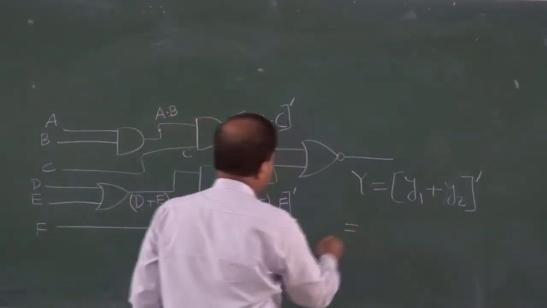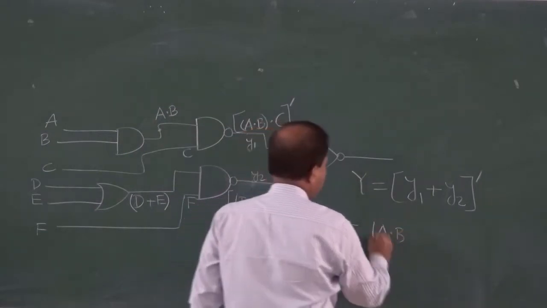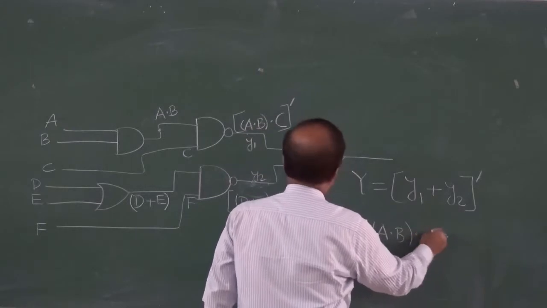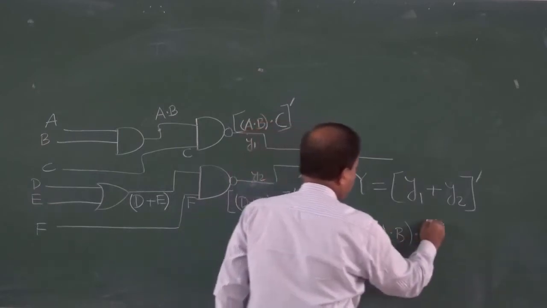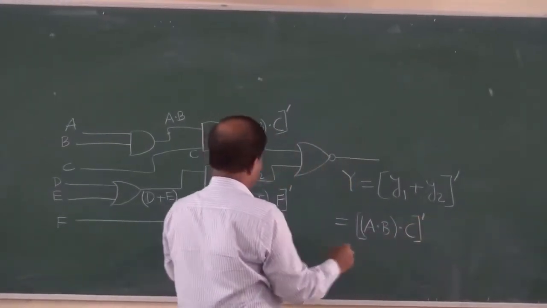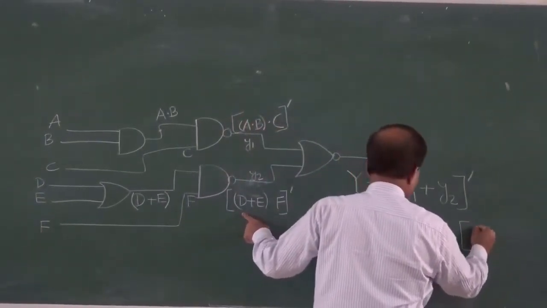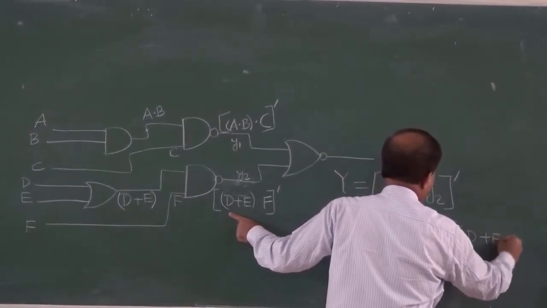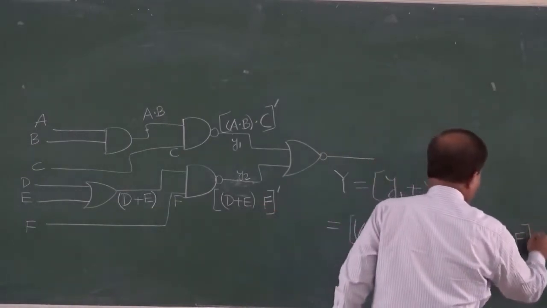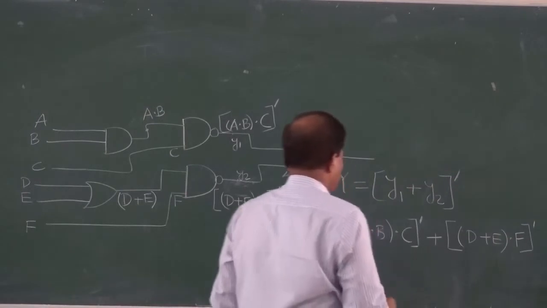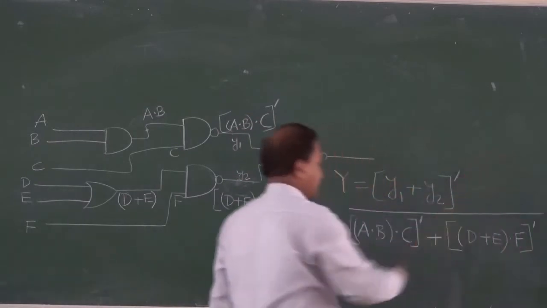So it is equal to A and B and C, this complement, plus Y2 is D plus E dot F complement, then the whole complement.